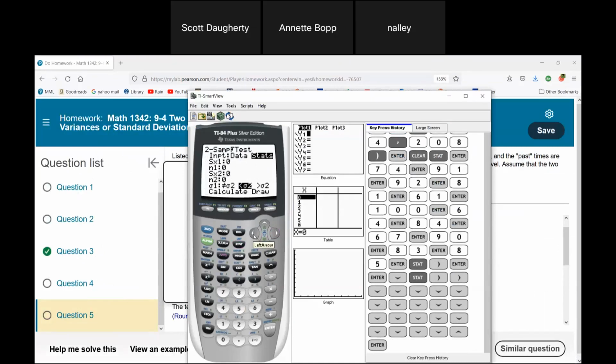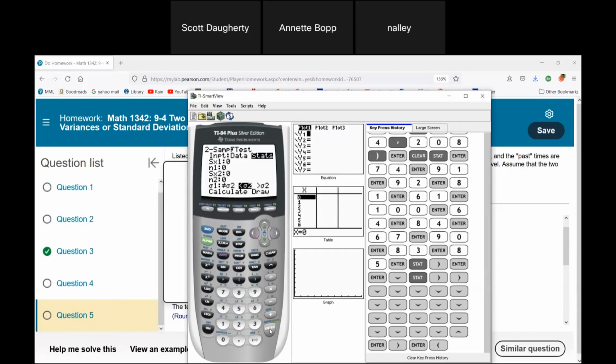So I could have done that with the last problem. So you could put in N1 and SX1, N2 and SX2. And then the last one we did was greater than. So you select greater than, sigma 1 is greater than sigma 2. And then you calculate, and it would give you the test statistic and the p-value.